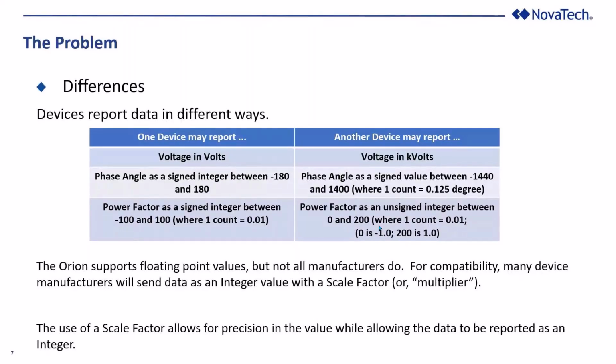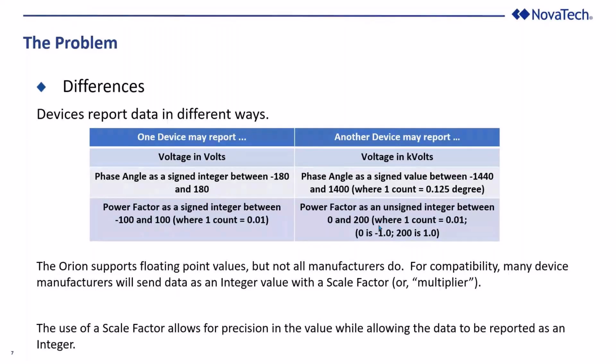And if you have it between minus 100 and 100, where that would be like a percent power factor, or you see it stated as a decimal between minus 1 and 1 also. You can have it stated like that, where 1 counts just 0.01.